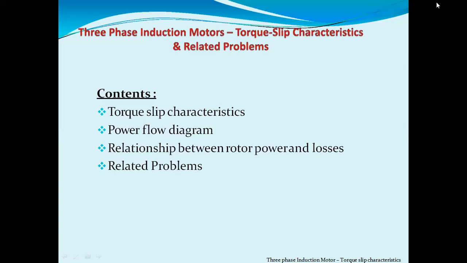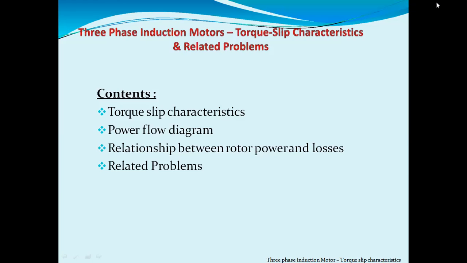S is the slip. X2 is the reactance of the rotor, because there is a concept of inductor as well as resistance. That's why, instead of impedance, we take reactance here, which gives us the impedance of the resistance as well as the inductor.